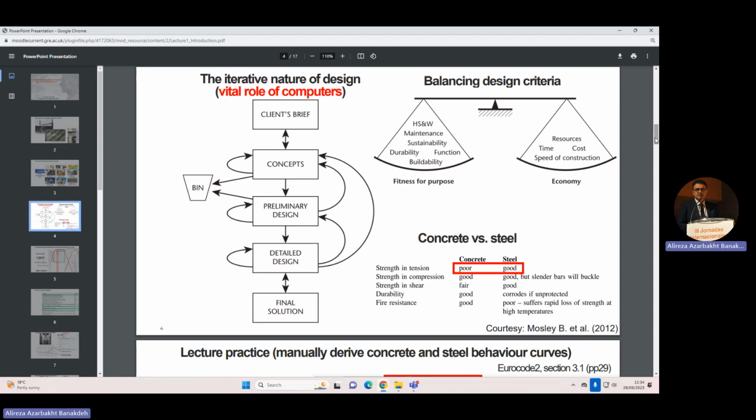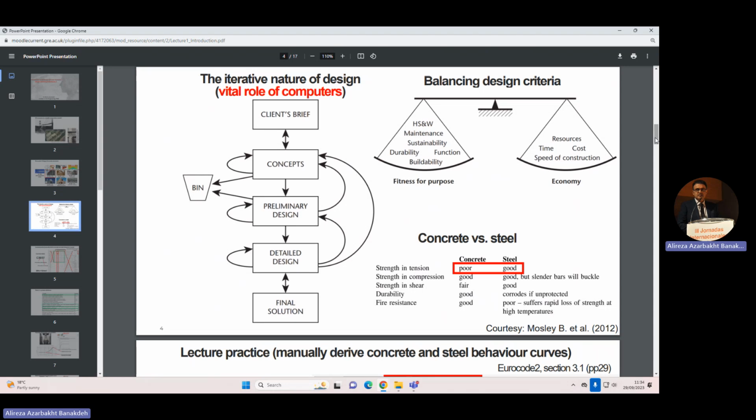I'm not talking about detailed reinforcement, but it should be like this. This is the preliminary design, and you give it to the clients to review whether they like it or not, whether they want to change it or not. And then you need to go to the detailed design and final solution with the drawings that they need to bring to the construction site to erect it.